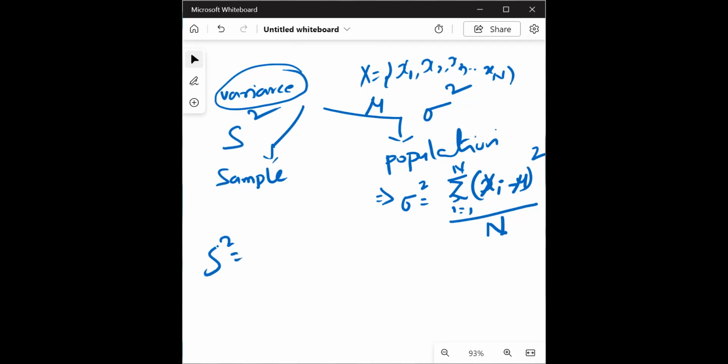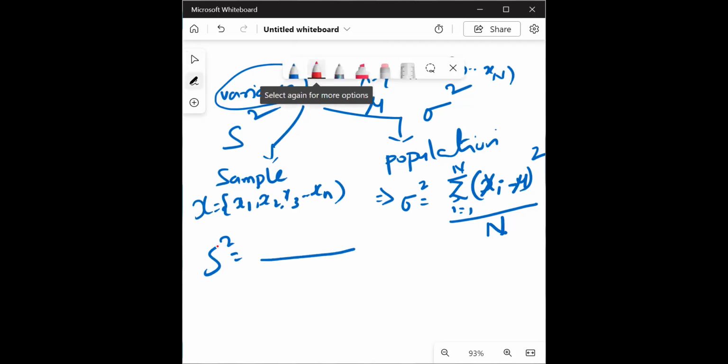So s square. The formula for this one is, for example, if this is my x variable and it has data members x1, x2, x3, and so on, with n samples. The sample variance is the sum, starting from i equals 1 to n, of each data member subtracted by the sample mean, you know how to calculate the sample mean, the whole square, divided by the total sample size minus 1.